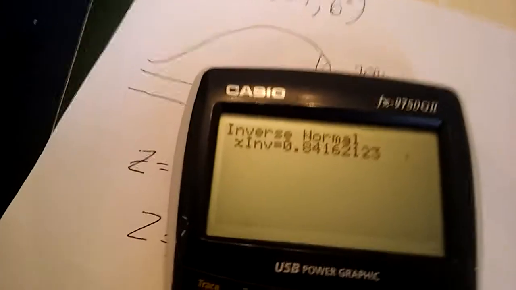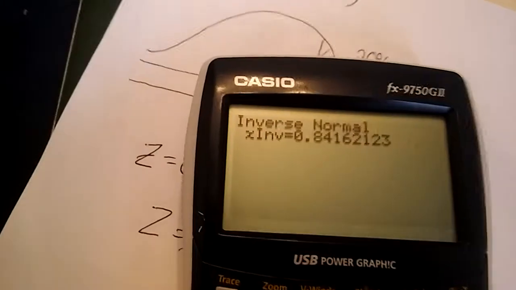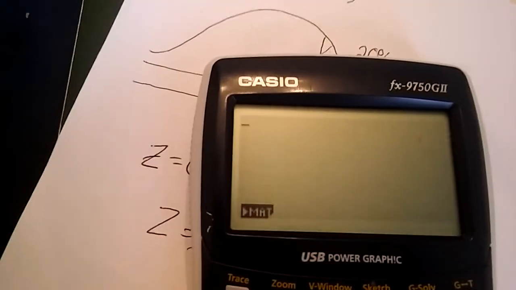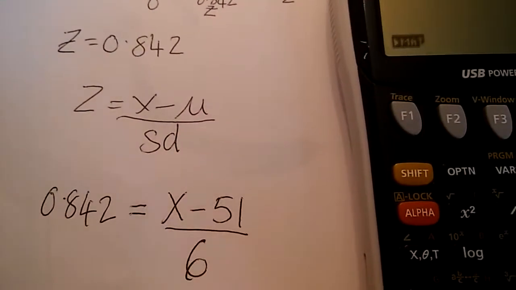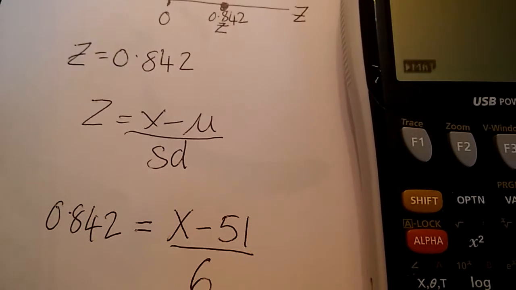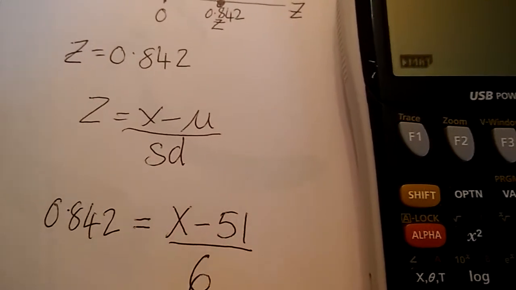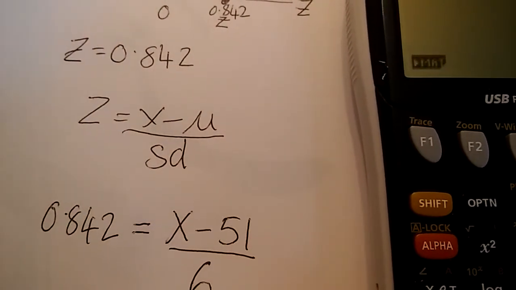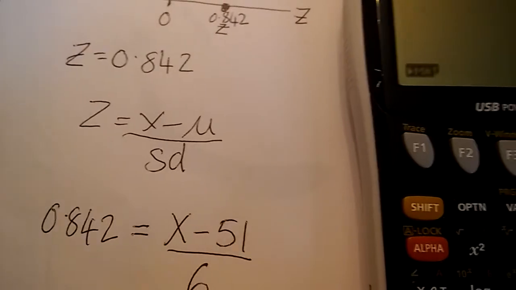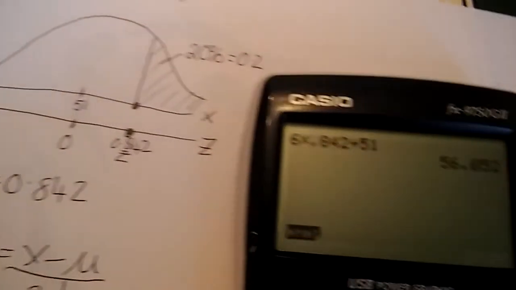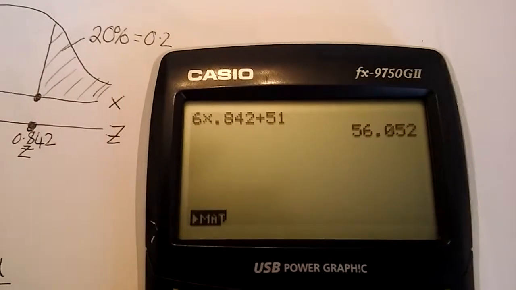If you need your calculator for that, you'll have to be in run mode and pop that in. So it'll be 6 times 0.842, and then you'll have to add on the 51 afterwards. And the answer is 56.05.